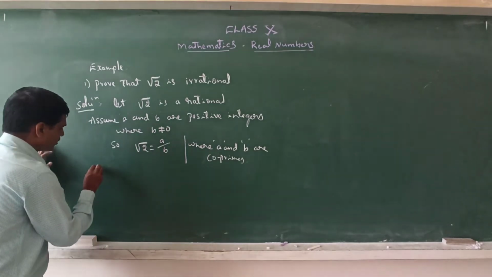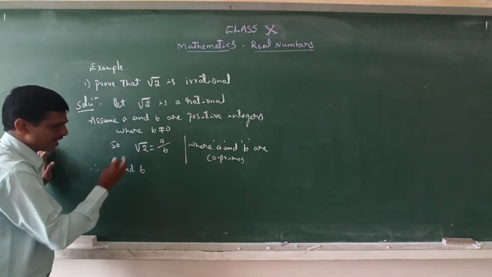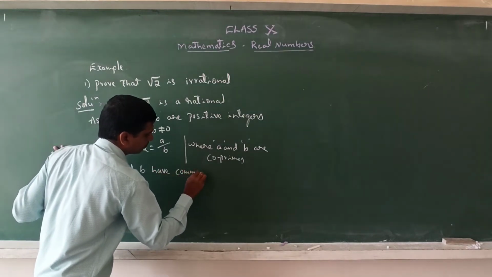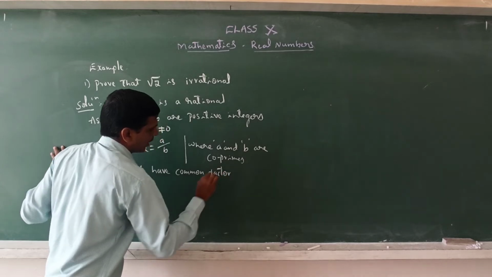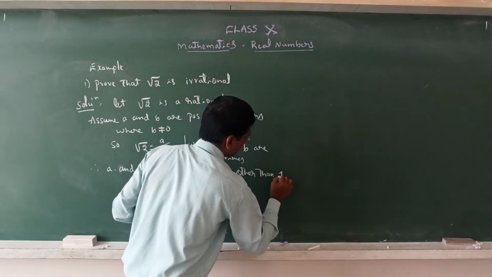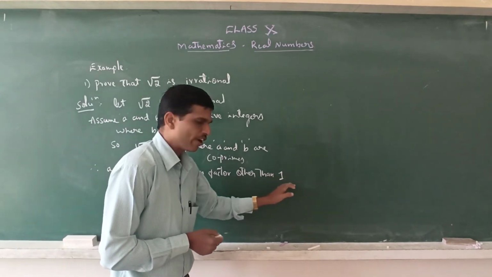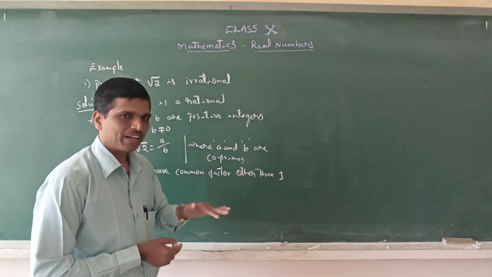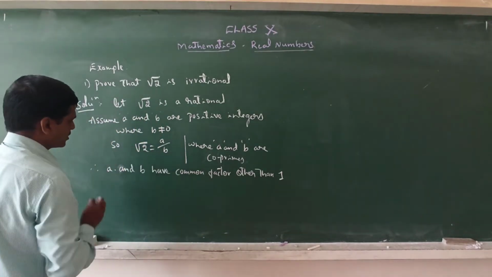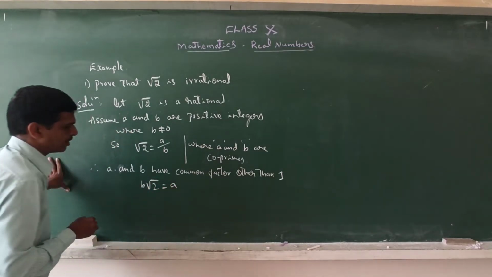Now consider, by assumption, that a and b have a common factor other than 1. Then this common factor can divide a or b. Automatically you can write square root of 2 into b is equal to a by cross multiplication.